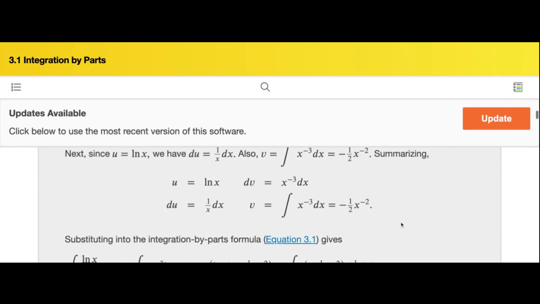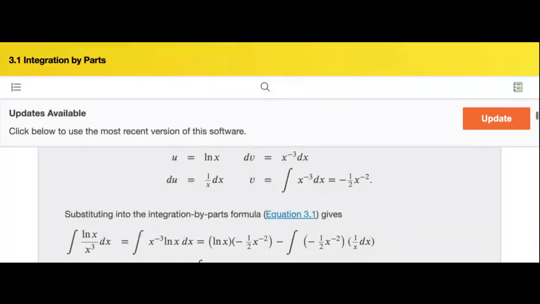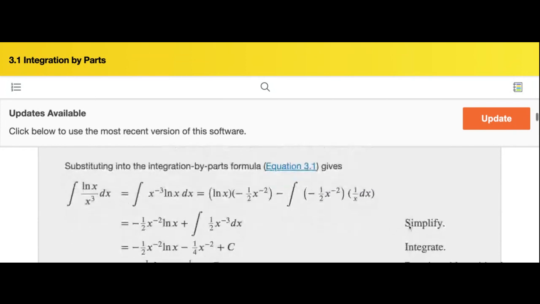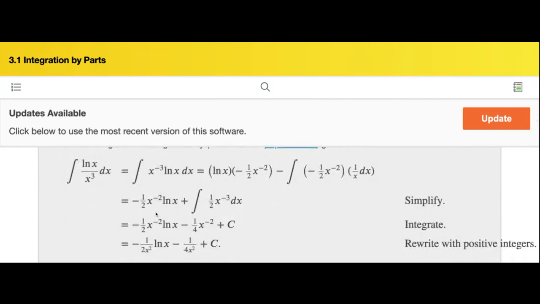Now we just use the integration by parts formula. It equals u times v, which is ln x times -½ x raised to -2, minus the integration of v du. v is this, and du is this, so we just multiply and simplify. We get -½ x raised to -2 ln x, which we can write as -1 over 2x squared in the denominator, times ln x.